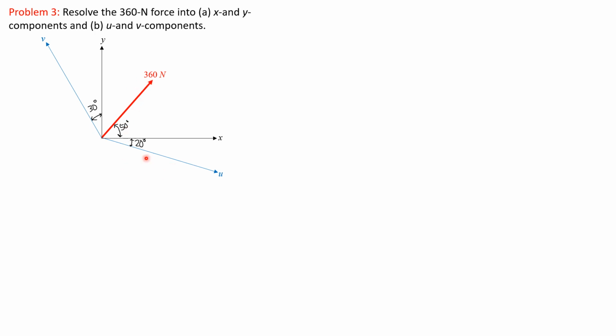I'll now proceed to Fu and Fv. So let's have Fu here along the u-axis and Fv along the v-axis. Then we draw lines from the tip of the resultant force, parallel to the u and parallel to the v, to form that parallelogram.